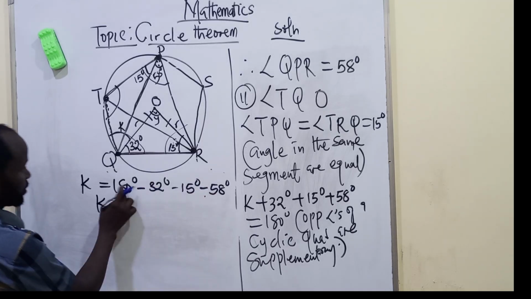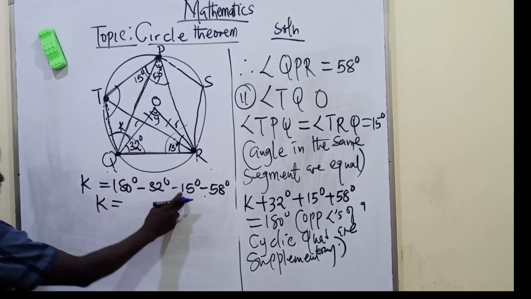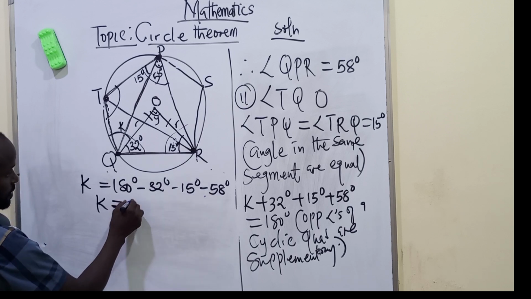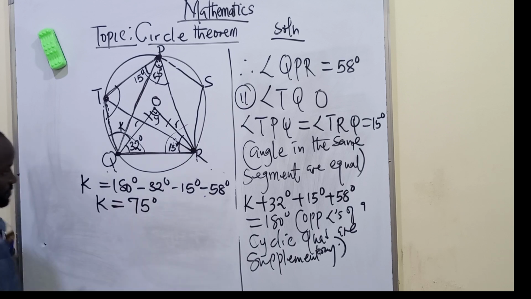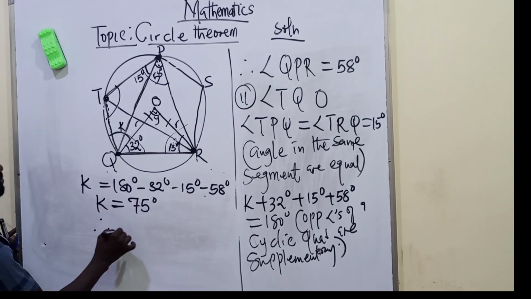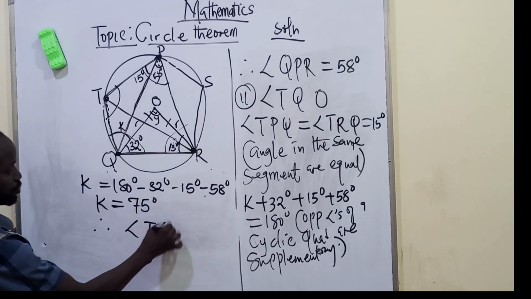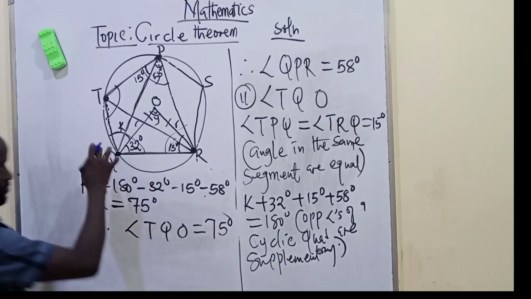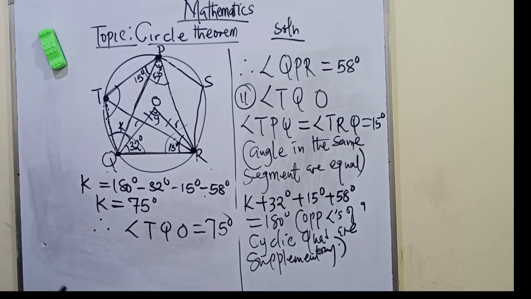Let's subtract 180 minus 32 minus 15 minus 58 degrees, that will be 75 degrees. Therefore, angle TQO will be equal to 75 degrees. So this is the solution to this question.